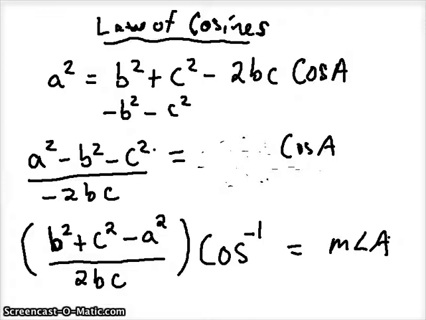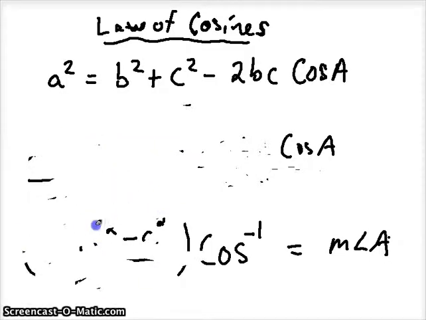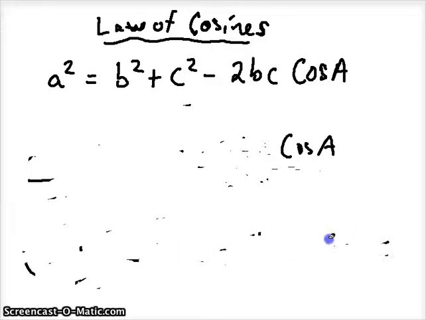Alright, so the last two equations are just in terms of side B and side C. I'll write those down real quick, and then we'll do a couple examples here.